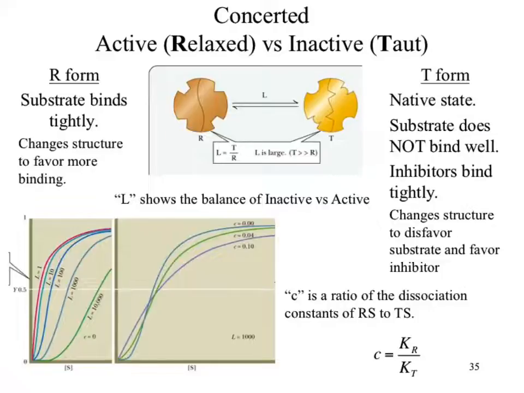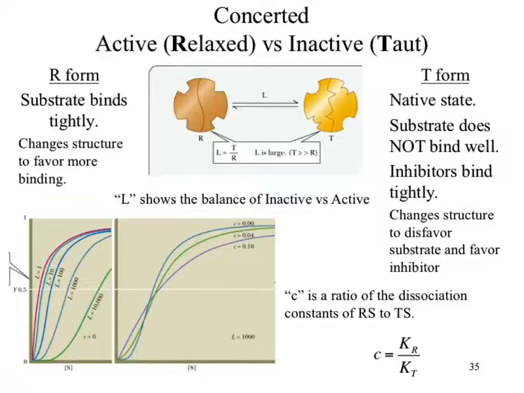So if we went back and looked at a normal enzyme, remember we're looking at the balance between the taut and the relaxed. A normal enzyme has which form, taut or relaxed? Normal enzyme kinetics, not allosteric. It should just be in the relaxed form. And there are some enzymes that don't have a switch, they're just on all the time. Okay?